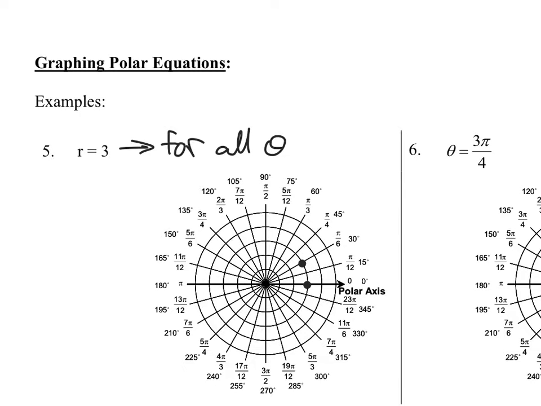If it's 90 degrees, and so on, all the way around. The bottom line is what you're going to end up with is a circle.